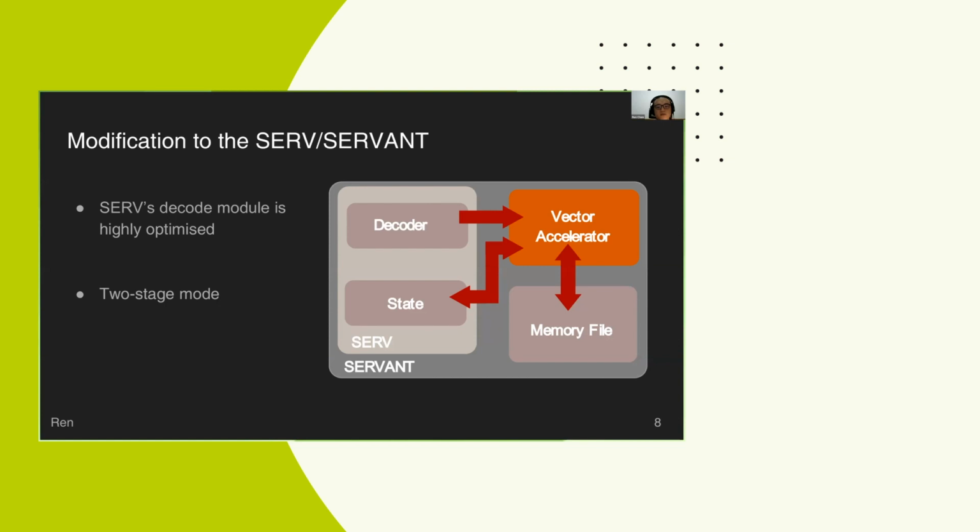Our accelerator is regarded as an external unit for SERV, so we also have to use that 2-stage mode. But as Isaac has said, the SERV itself will execute most instructions in 32 cycles per instruction, so using 2 of them is not a really big penalty. It's a very cheap trade-off.